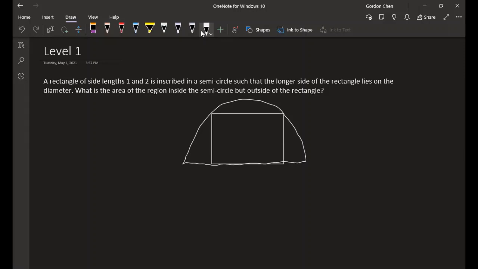And to find the area of the semicircle, you need the radius of the circle. And the radius of the circle is these two lines. These two lines are equal, and these two lines are equal.